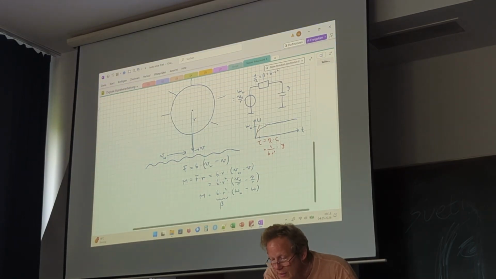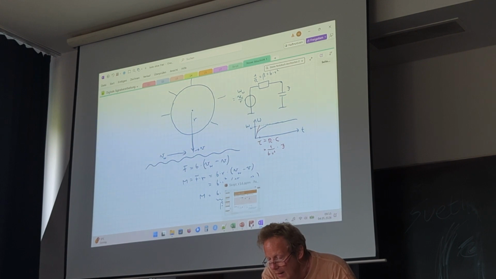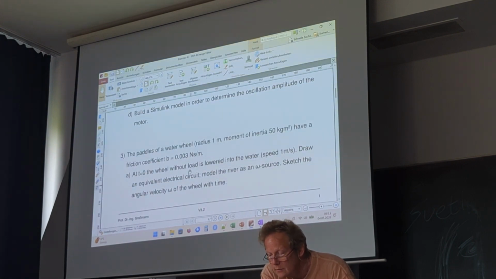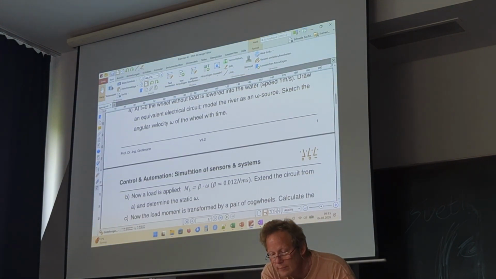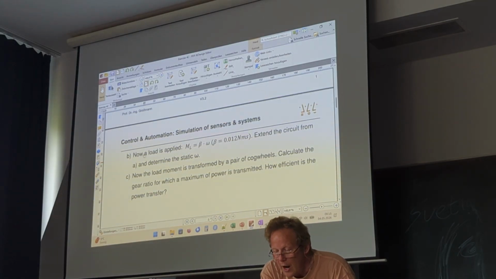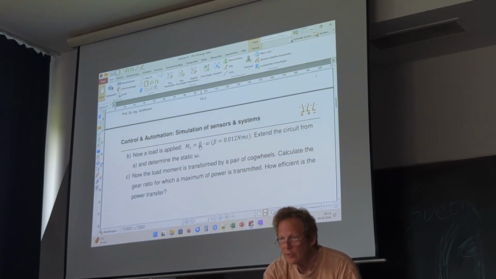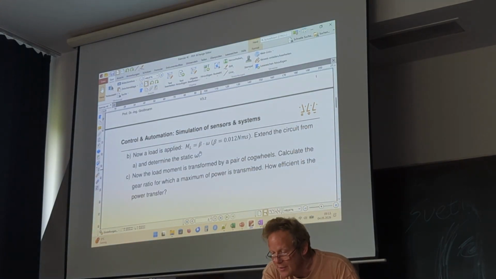Now the second part of the question is, now a load is applied, and this load is proportional to the wheel velocity. So here we have actually a beta. Okay, we have not to calculate something. Beta is given.